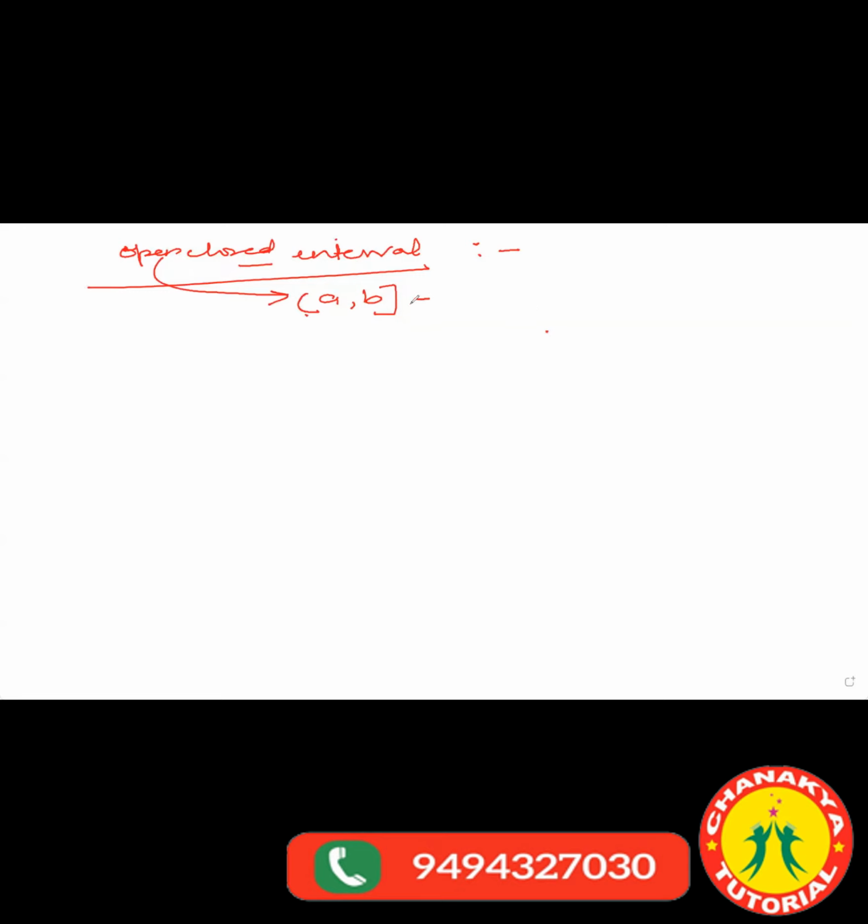Now see, beta. How will you write this? X such that X belongs to R, real number, then X is greater than A and less than or equal to B. Clear this thing? So on number line, how will you represent? This A is open and B is closed. So it will not include A, but it will include B. So what will be the set?